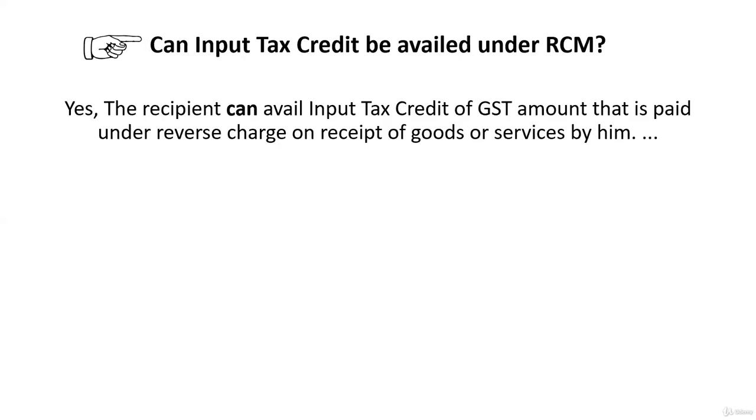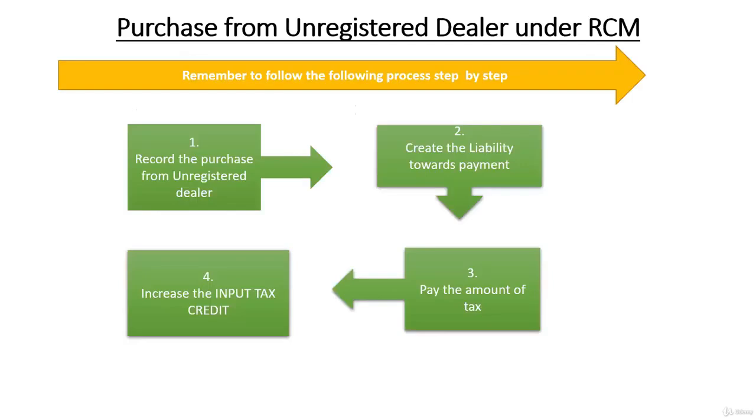Now I am taking you over to Tally, and I am introducing you to the process of how we can make the entries in Tally under the reverse charge mechanism. Take the example of a company or consumer purchasing from an unregistered dealer under reverse charge.